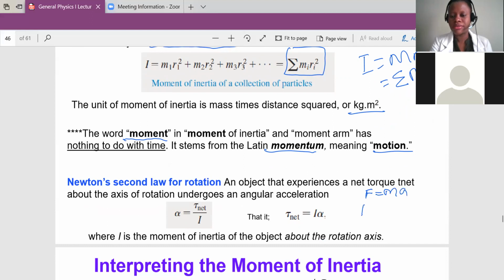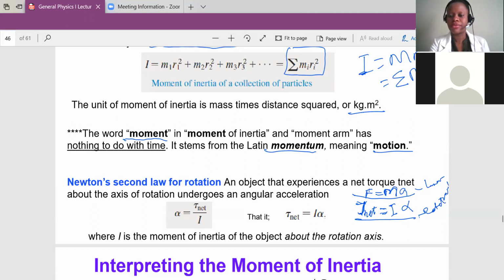For rotation, tau net is equal to I alpha. The moment of inertia is the mass equivalent in linear motion, so it is our mass in rotational motion, times our angular acceleration.